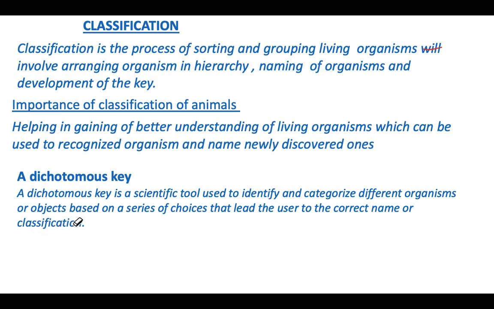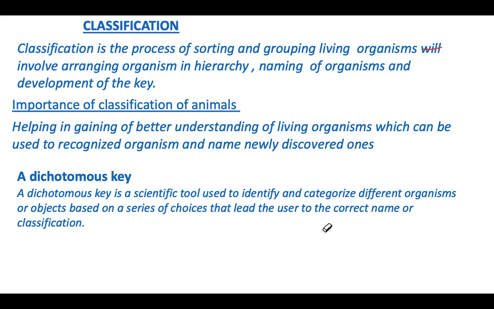So a dichotomous key basically has a series of choices that lead the user to a correct name of an organism. Let's say, for example, there is a taxonomist who wants to name an organism. He is guided by the key. So the key guides the taxonomist to come to a right choice.